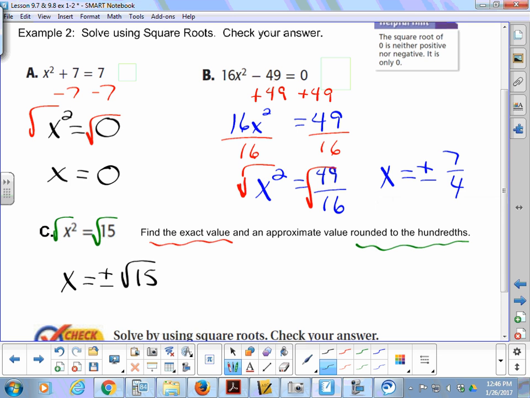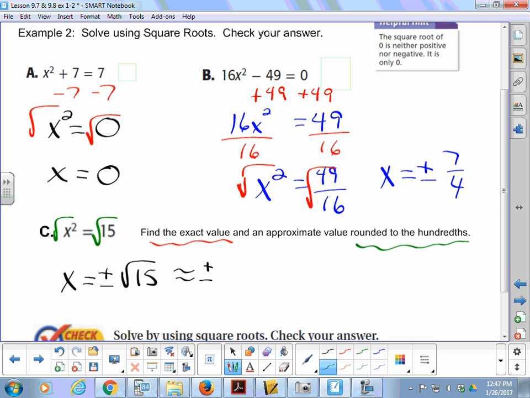Okay, then we're going to find the approximate value. So take your calculator then and do the square root of 15 with your calculator. And you're rounding to the nearest hundredth, so 2 decimal places. So we are going to say approximately then. All right? It's not equals now, it's an approximate. So that's a little squiggly equal sign. And plus or minus 3.87.